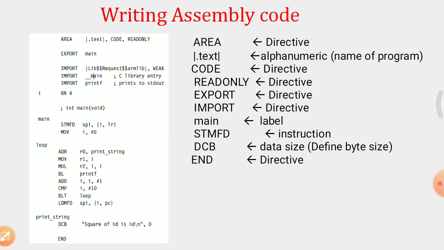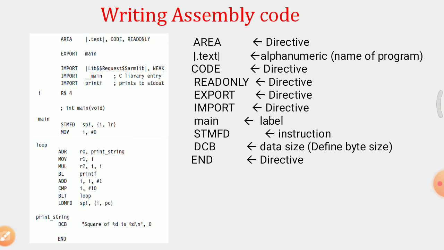AREA is a directive which specifies the section of code or data that it lives in. Whatever program we are writing is going to be stored either in a code section or in a data section, and that is specified by the AREA directive.